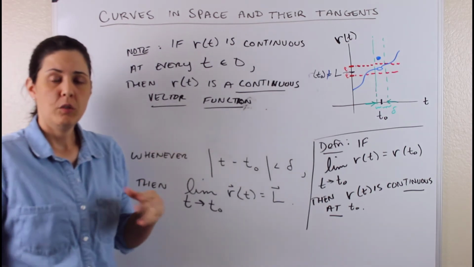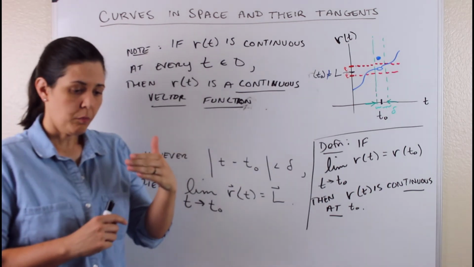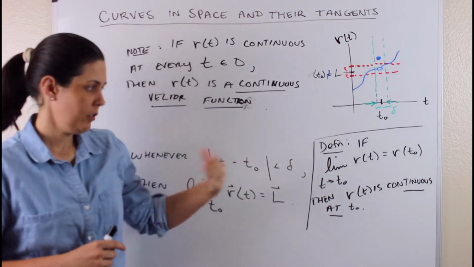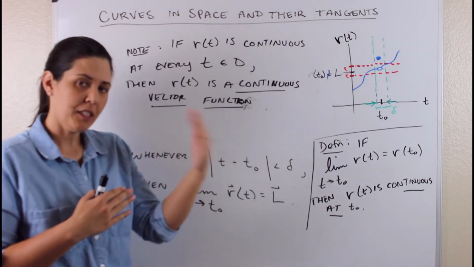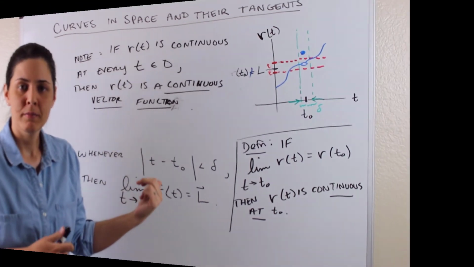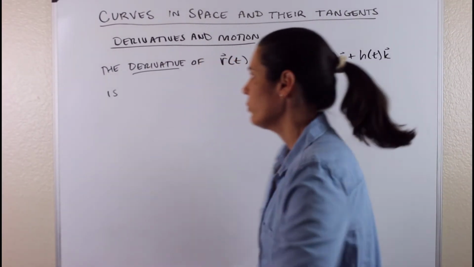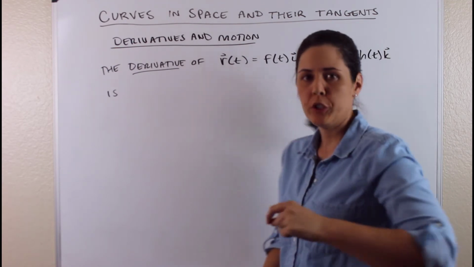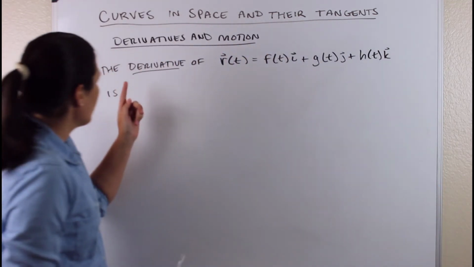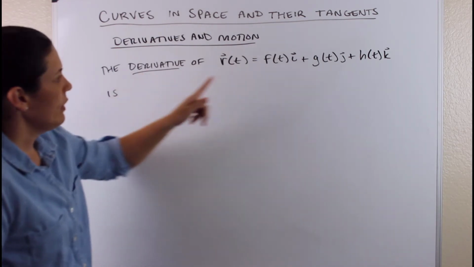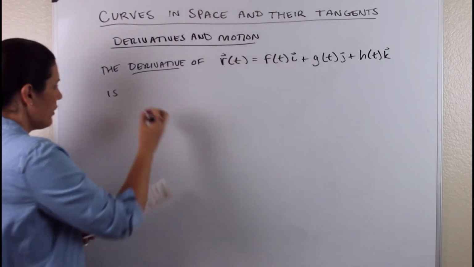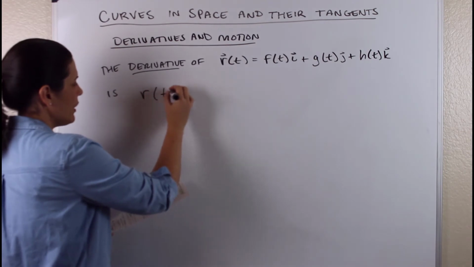All right, so now let's move on and talk about derivatives, which comes after you learn limits. If you recall in Calc 1, you learned limits and derivatives, so we're doing the same thing here. So now we're going to talk about derivatives and motion. We have our vector function here that we've been looking at, and the derivative of it is r of t prime.